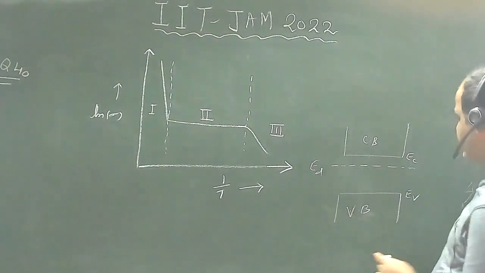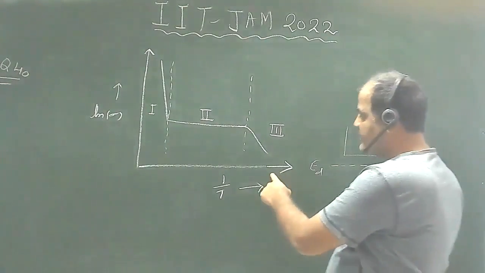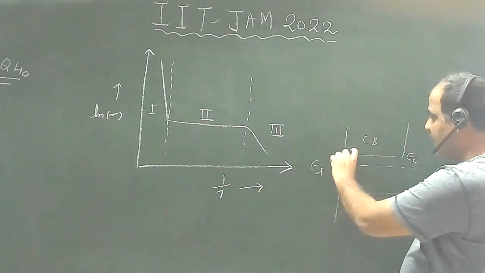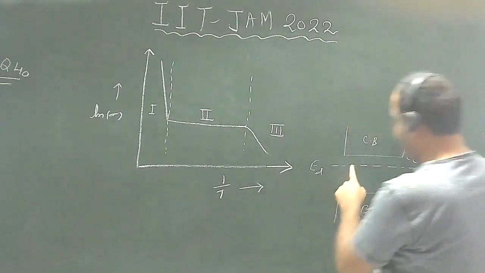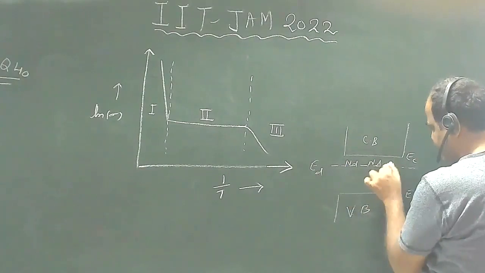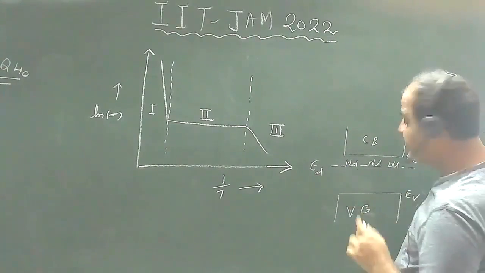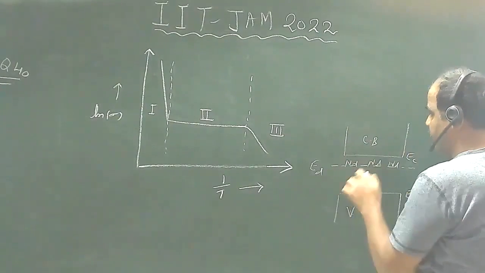All the donor atoms reside here. This is the low temperature region, so this energy gap is very small. As you increase the temperature, all the donor atoms sitting here get ionized, and the electron will move from the donor level to the conduction band.